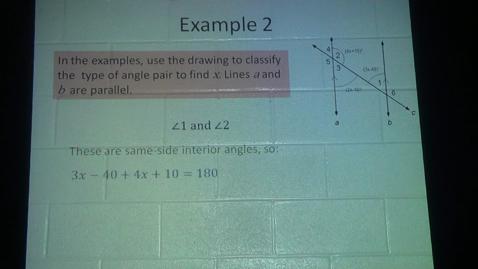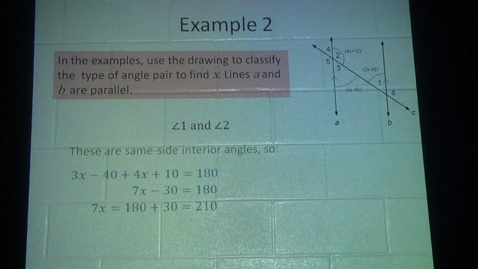Combine like terms on the left: 7x minus 30 equals 180. Add the 30 to both sides: 7x is equal to 210. Divide both sides by 7, and x is equal to 30.